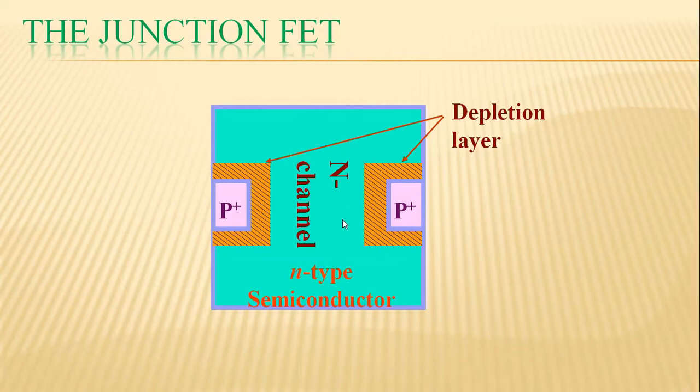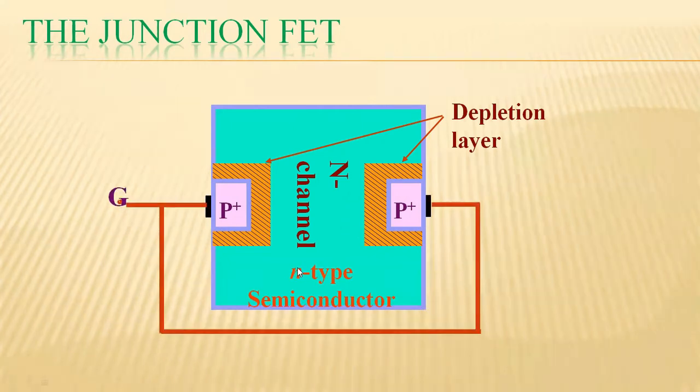So N-type channel. Next, these two P-type materials are combined together with the help of metal contact and called the gate terminal.